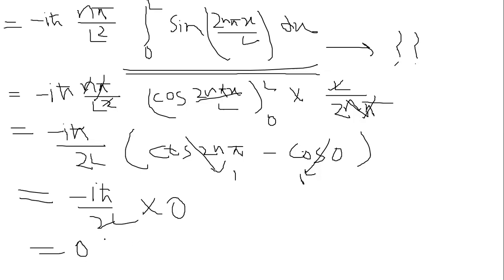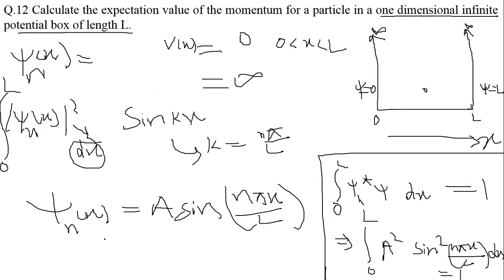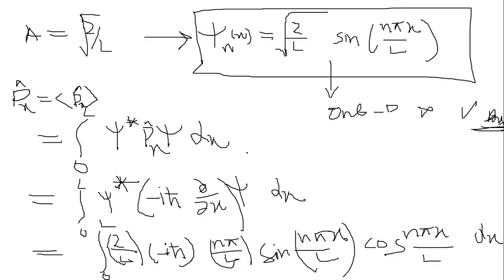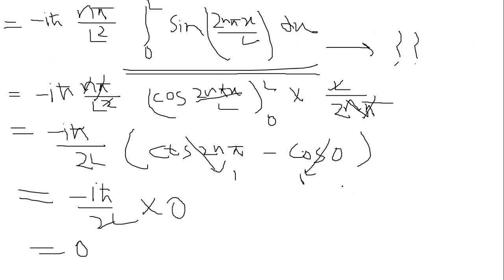There should be some value, because if we are placing the particle here, it will move. So why is it 0? Any guess?